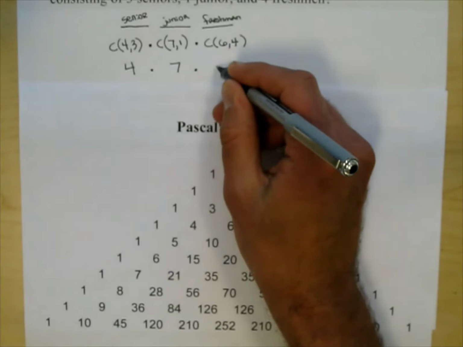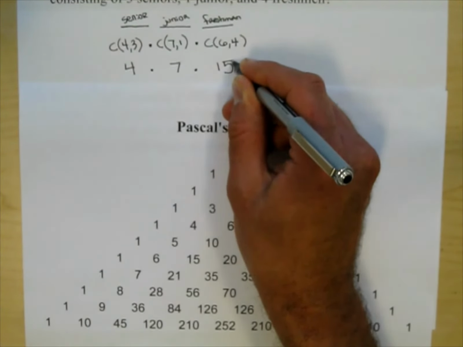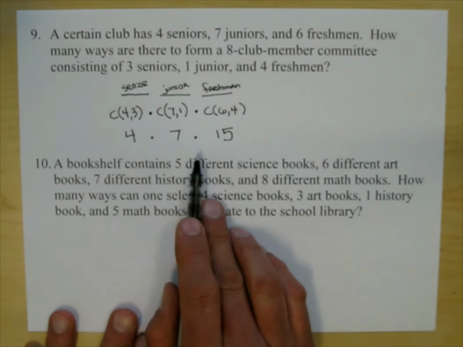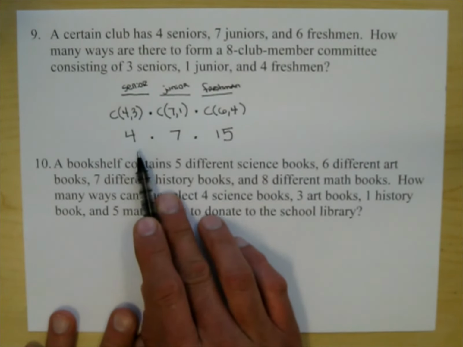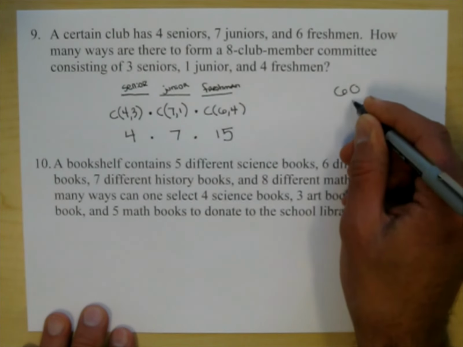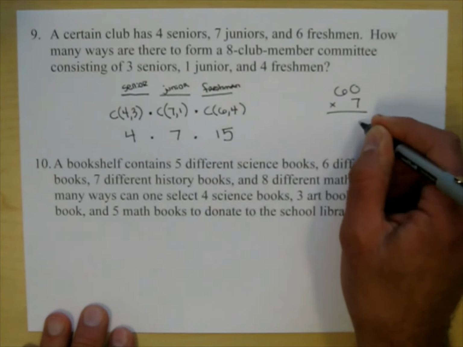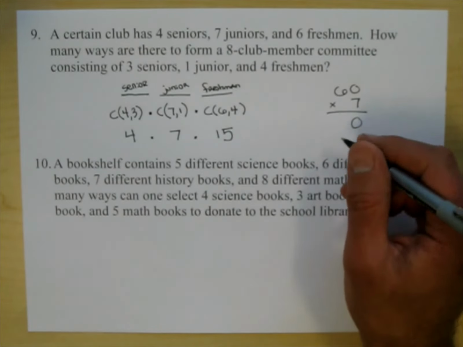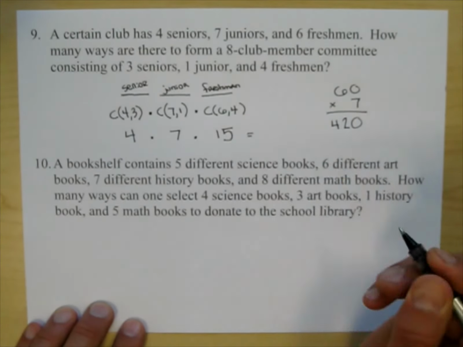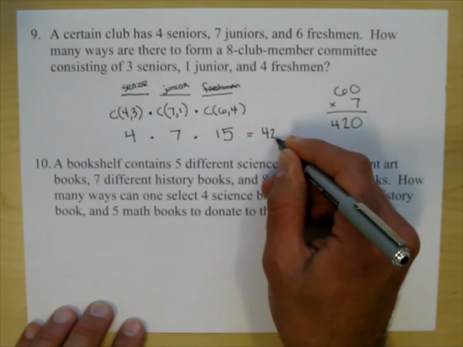That's 15. So we come back down here. The way I'm going to multiply, I'm going to go 4 times 15. That gives me 60 times 7. So really, I just have to go 7 times 6, which is 42. So the answer here is 420.